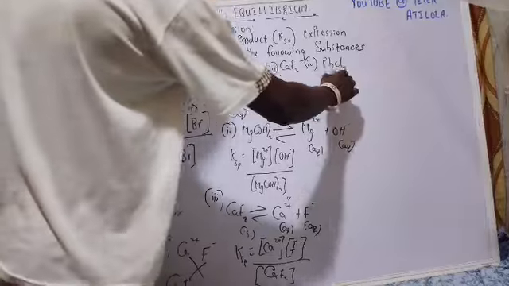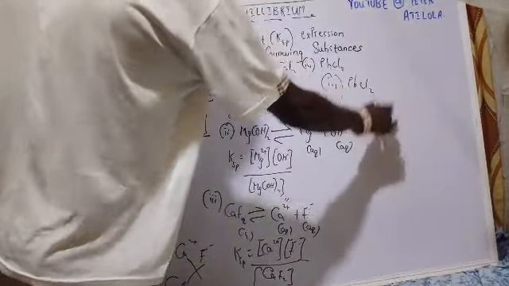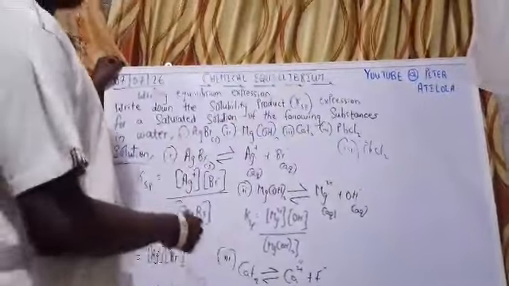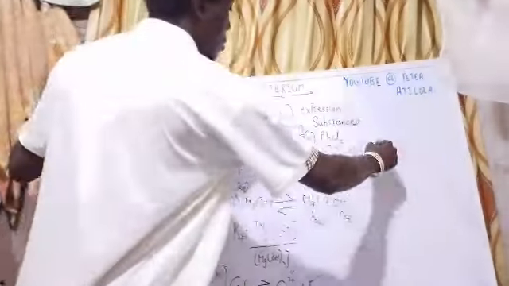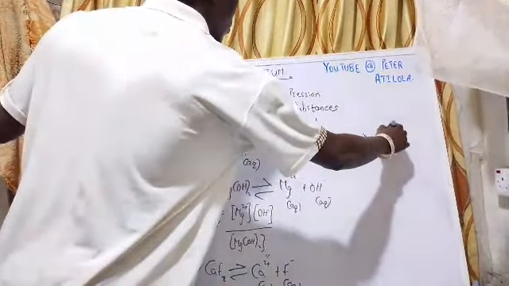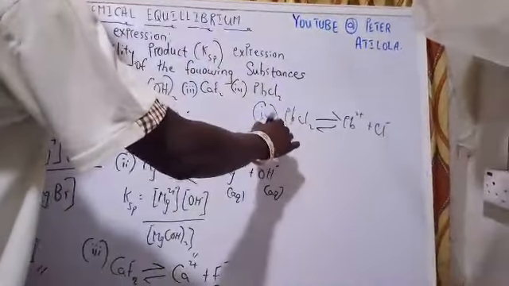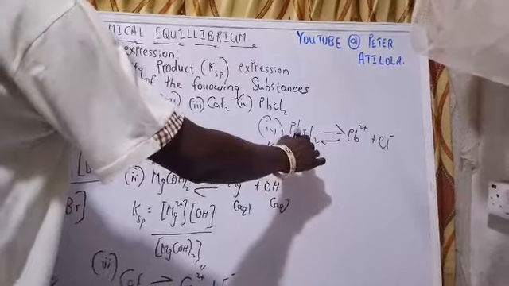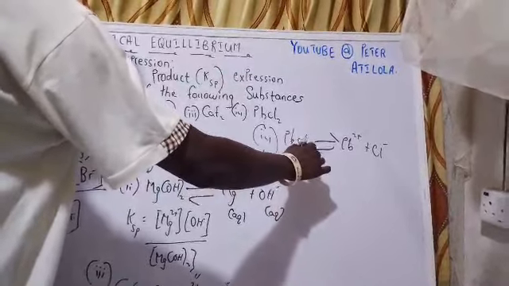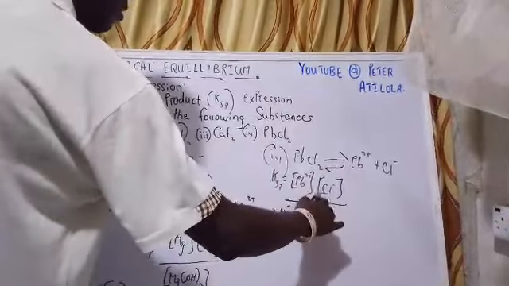Alright, the last one we have is PbCl2. I would have loved them to do the last one by themselves, but let me just quickly do it. So you're going to have Pb2+ and Cl-. So you have KSP is equal to Pb2+ Cl- over PbCl2.